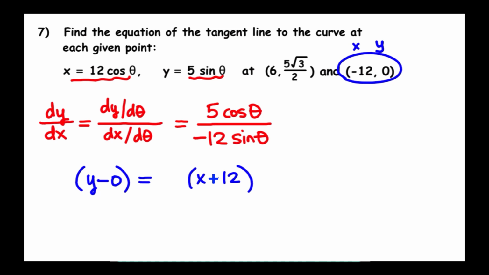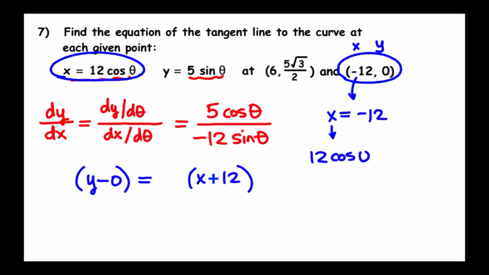The problem is, I don't know what the theta is. But I do know that x is negative 12. And that's something, so let me write that down. x is negative 12. But I also remember that x is 12 cos theta, so I can bring that in. So instead of an x, I'll replace that with a 12 cosine theta. It's equal to negative 12.